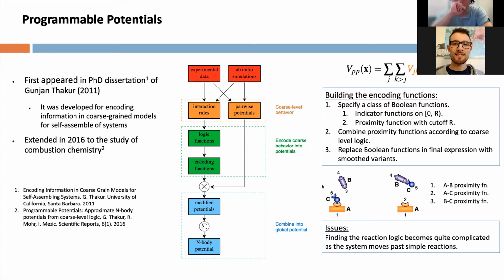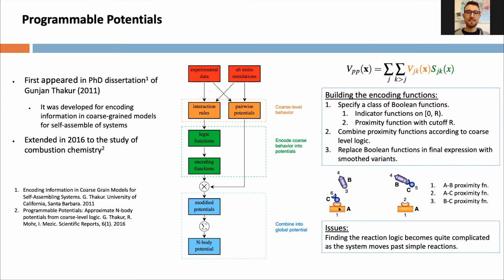So as an example of this, down here, we have a simple system where we have molecules A, C, and B. This is a cartoon. And we have proximities between A and B, A and C, and B and C. And the coarse level logic of this system would be that when B is far away from C and C is close to A, that bond is on, but when B comes close, the bond between B and C turns on, and the bond between C and A turns off.